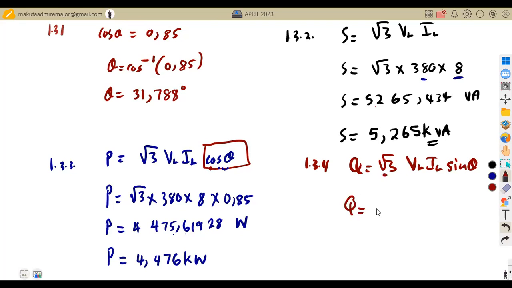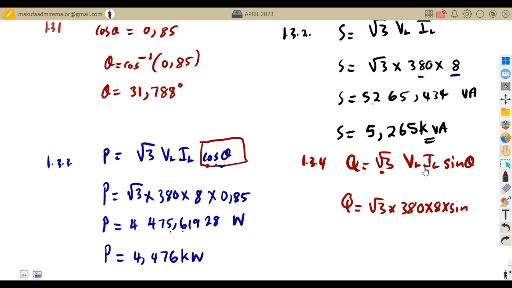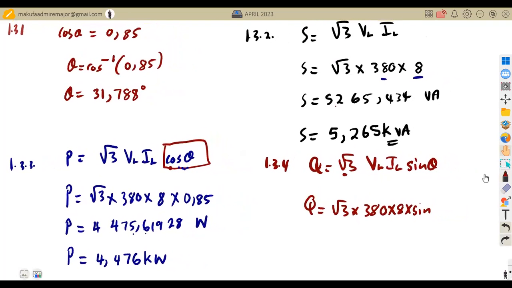We have got everything. Remember, our VL is not changing. Our VL is still 380. Our line current still 8 amps in this case times the sine of theta. We calculated theta in this case. We got 31.788. So this is the value that you're going to substitute in this case.